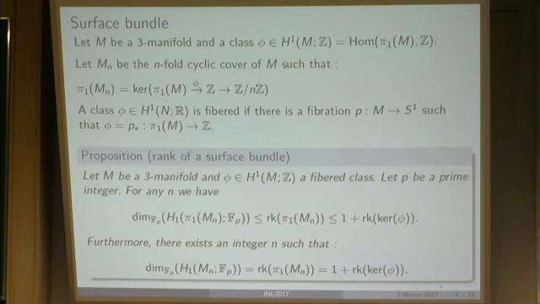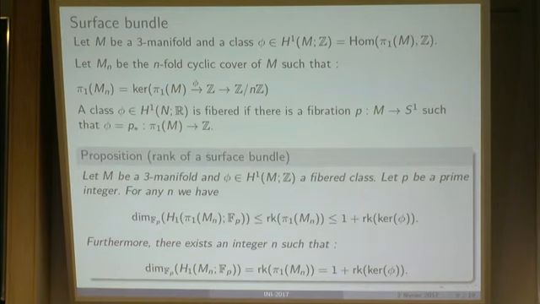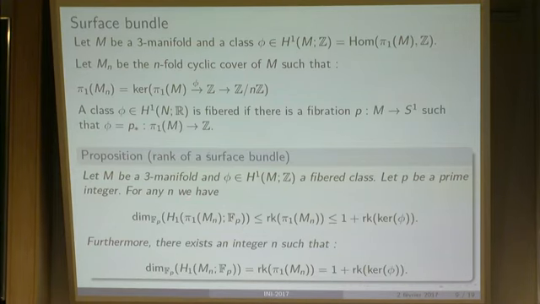And then, as I showed, there exists an integer n such that you have equality. It works for any p, but you can take p equal to 2. So that's a well-known proposition.